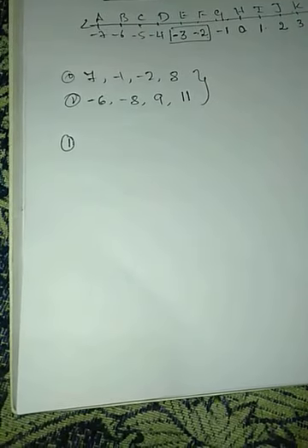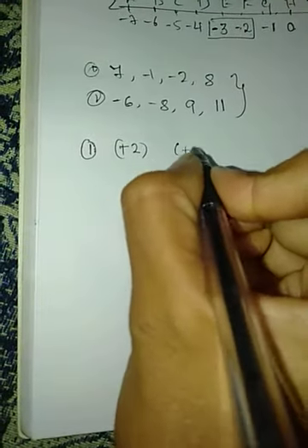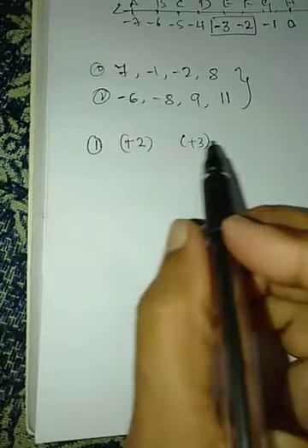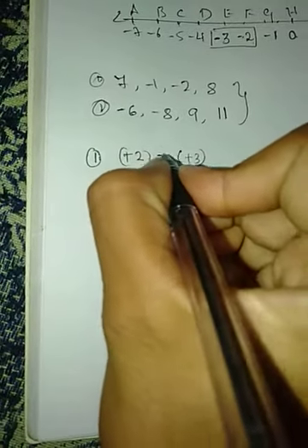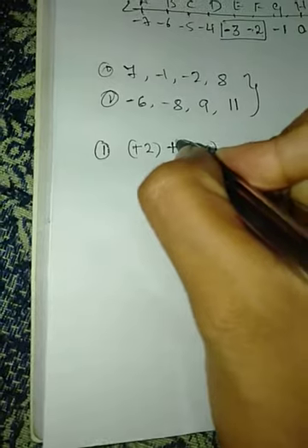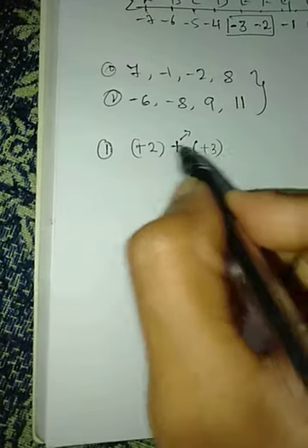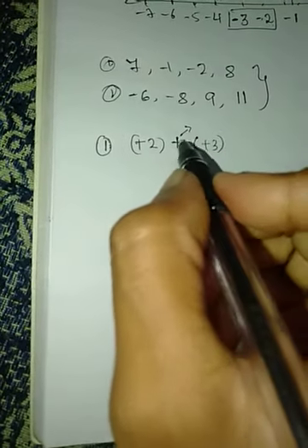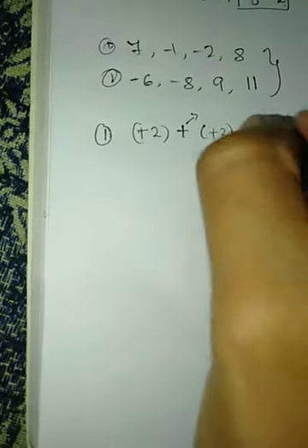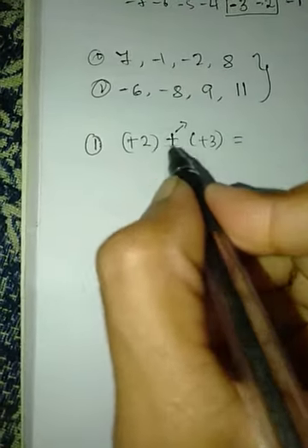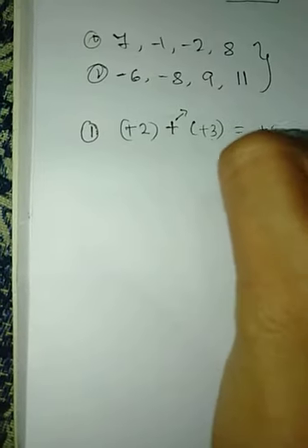Here I'll take two integers, for example plus 2 and plus 3. Adding these two integers, the sign will be plus. So plus 2 plus 3, we get plus 5.